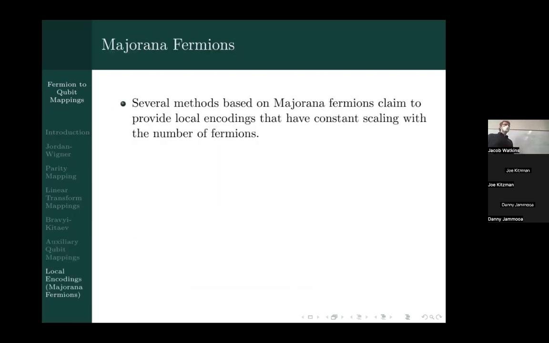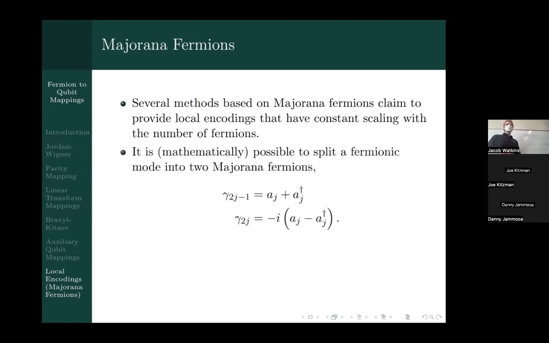So now the other main class of methods these days often have constant scaling in the number of fermions, or claim to. These are based on Majorana fermions. There's a mathematical trick you can do to split a fermion into two Majorana fermions.